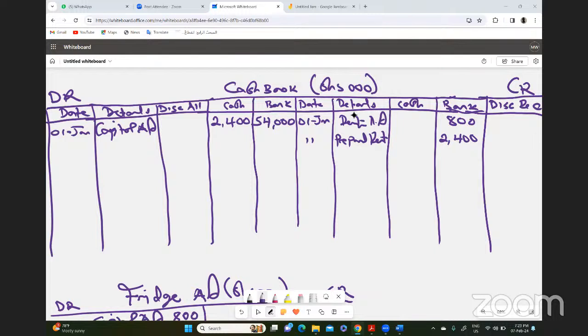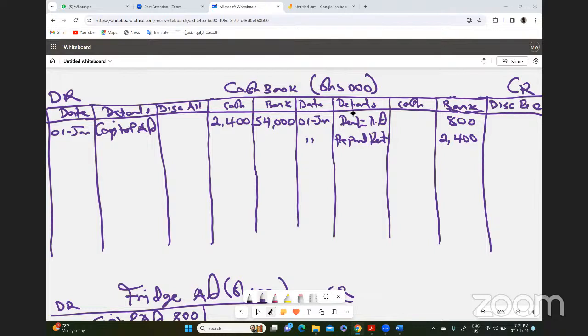Yes, sir, but I have a question. Ask it. Are we not supposed to enter this amount for the fridge in the cash book? As a receipt or as a payment? Because we didn't receive money, nor did we pay. The owner just surrendered the fridge.